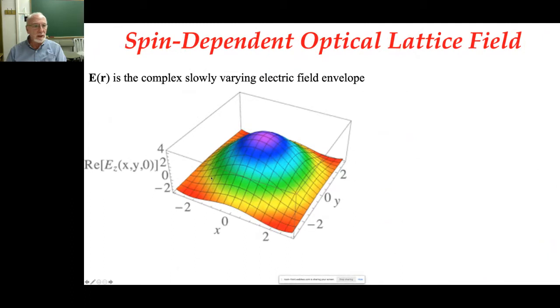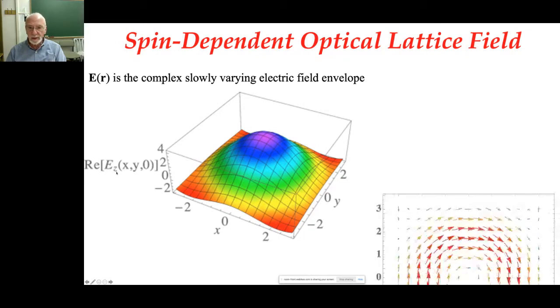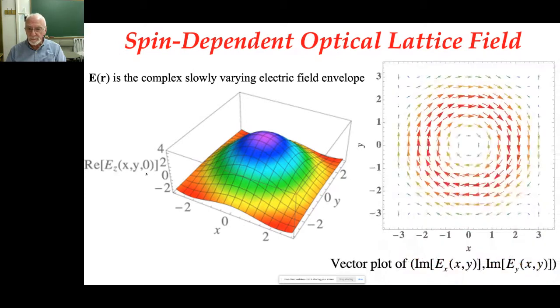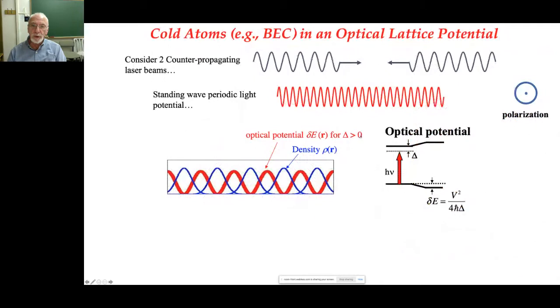If we take a look at the electric field that results from such a configuration, we see that there's a component of the electromagnetic field in the Z direction, and there is an in-plane component as well, which has this rotation behavior over here.